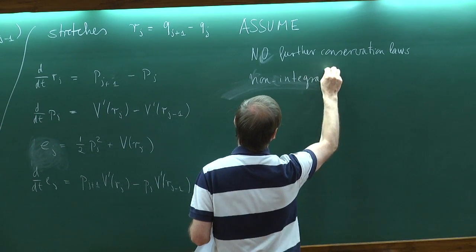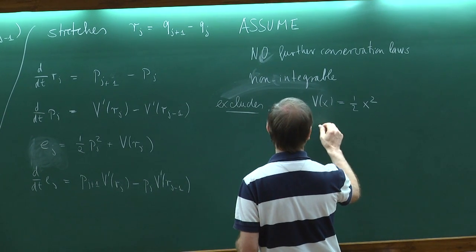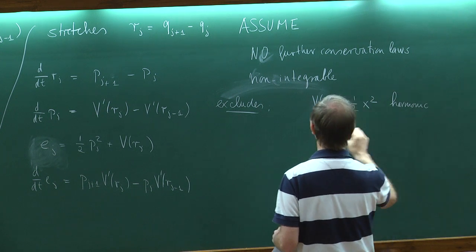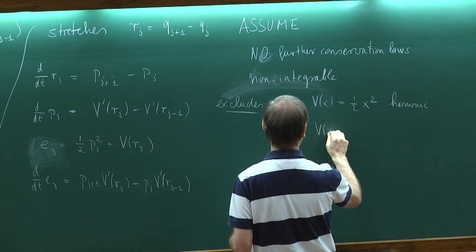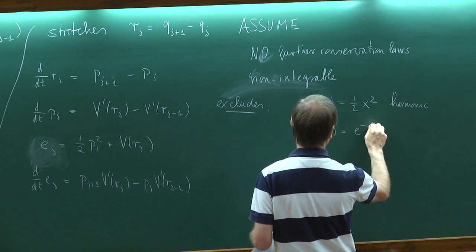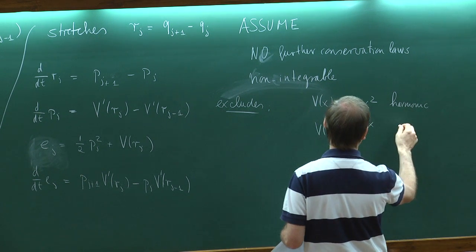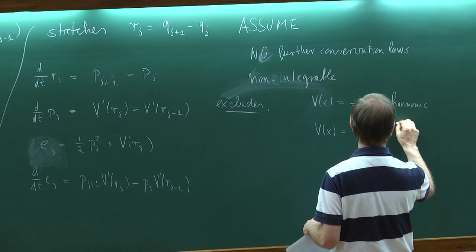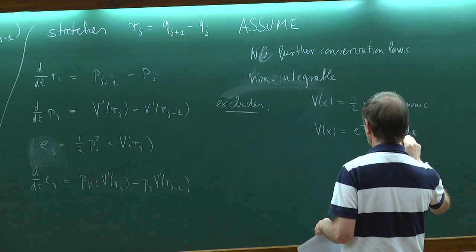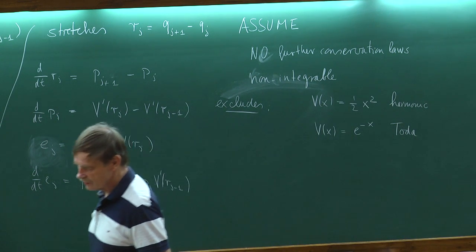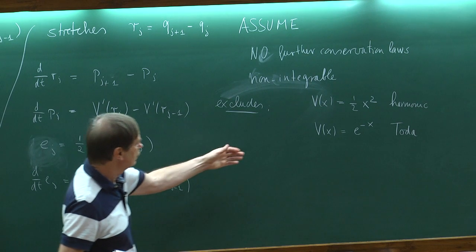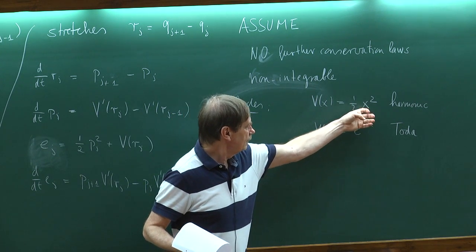It also includes the harmonic case, and it would exclude the Toda lattice, which is e to the minus x, maybe with a linear part. So in this big space of potentials there are these exceptional points: the exponential potential and the x squared.